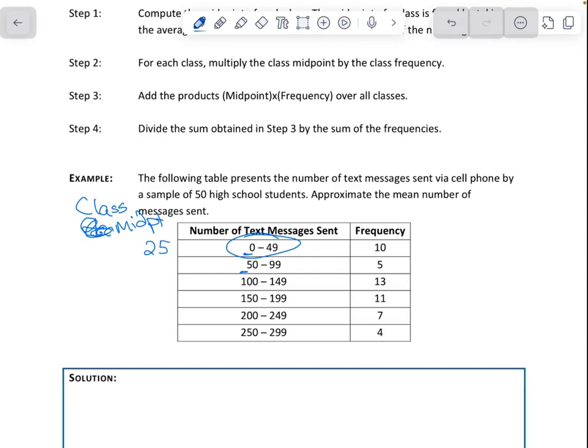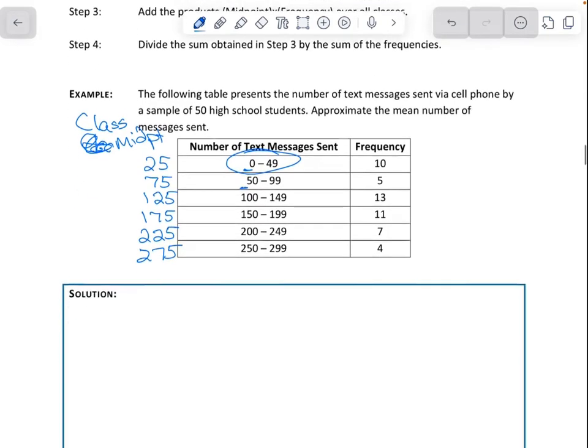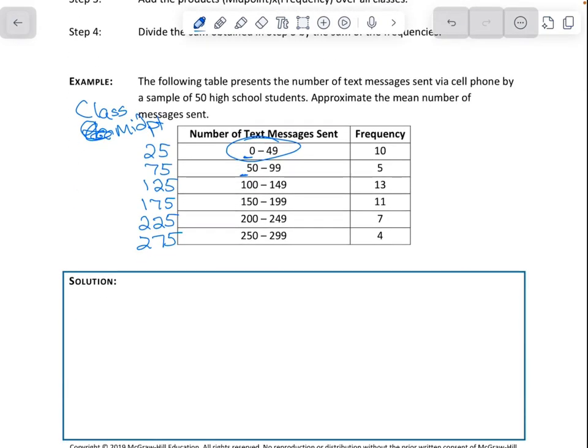The next one would be halfway between 50 and 100. Between 100 and 150. Between 150 and 200. And then we'd have 275. Now, if you were doing this by hand, you would say, I have an average of 25 10 times.